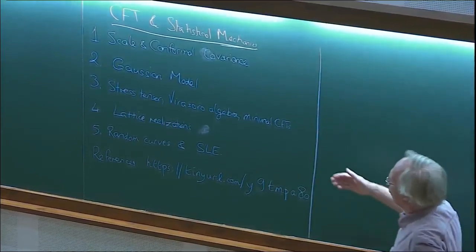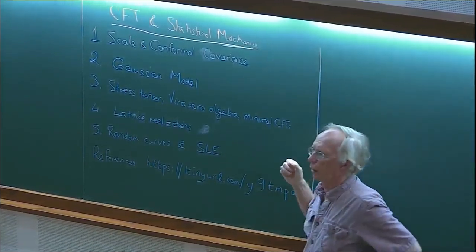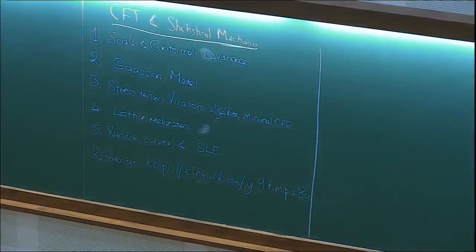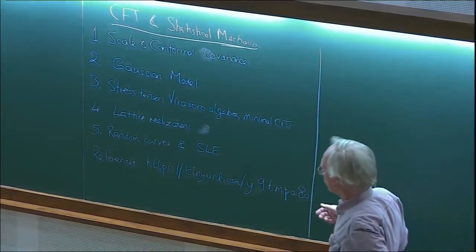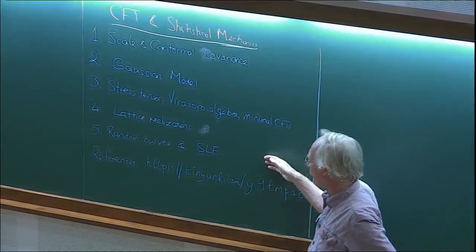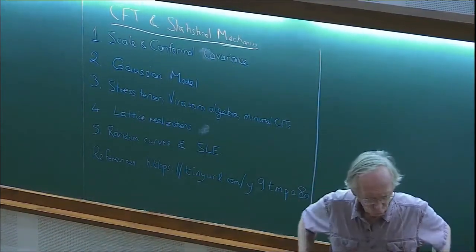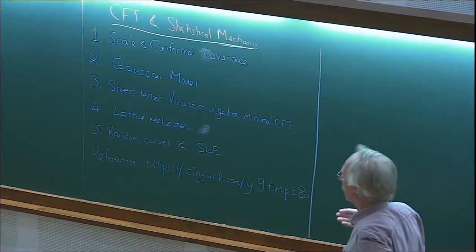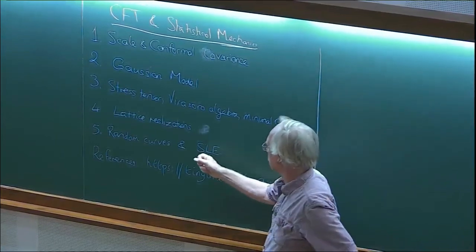It turns out that these lattice models are best realized in terms of not the local degrees of freedom, but in terms of random curves. And then in the last talk, assuming I get there, I want to talk about a mathematical theory which helps us to describe the probability distribution of these random curves, which is called SLE.